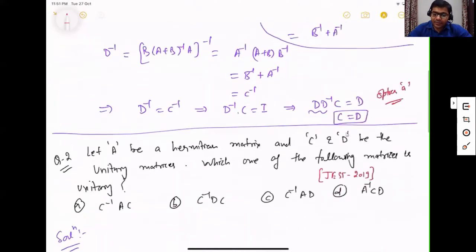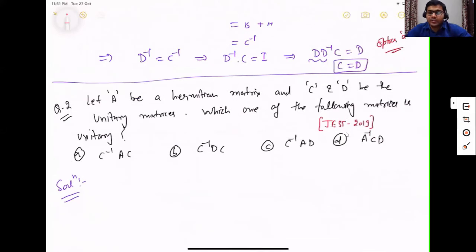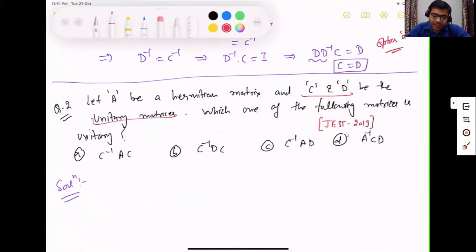Similarly, the second question asked on matrices in JEST 2019 was: let A be a Hermitian matrix and C and D be unitary matrices. Which one of the following matrices is unitary? First of all, what is a unitary matrix?